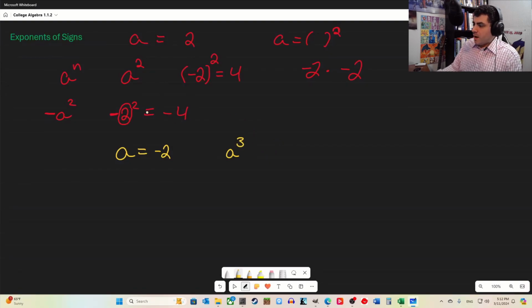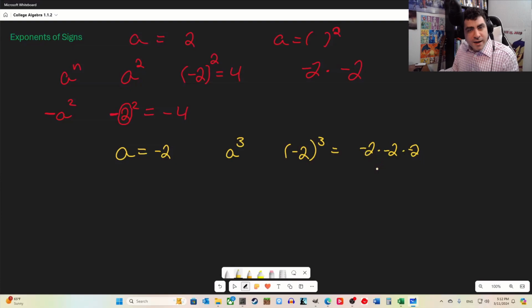So let's apply our -2 cubed, or to the third power, equals -2 times -2 times -2. What is -2 times -2? That is 4 times -2, which gives us -8. So -2 to the third power equals -8.